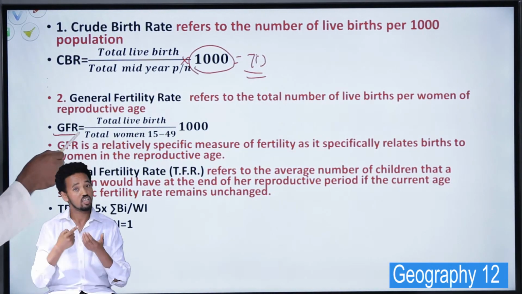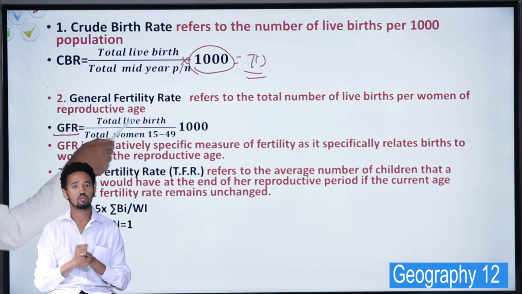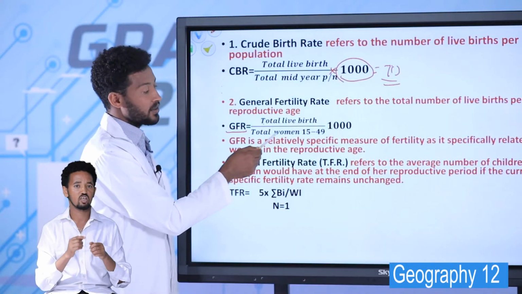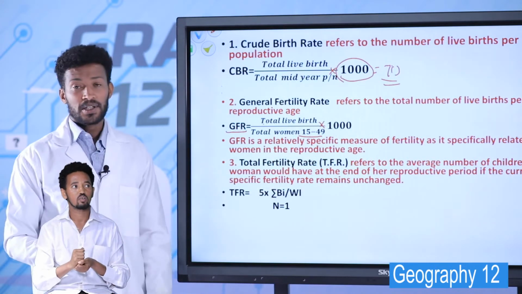This is the formula. General fertility rate is calculated as total live births divided by total women aged 15 to 49, times 1000.